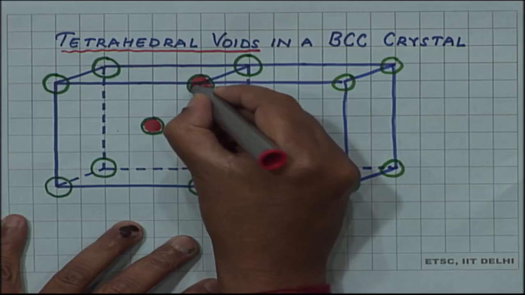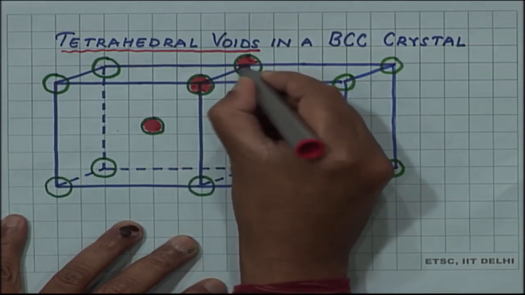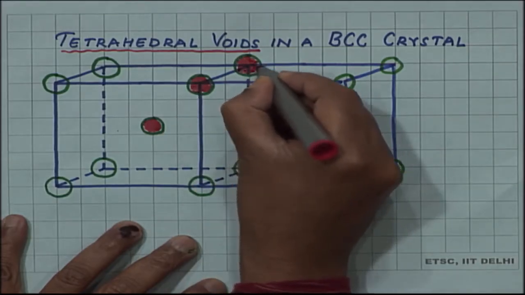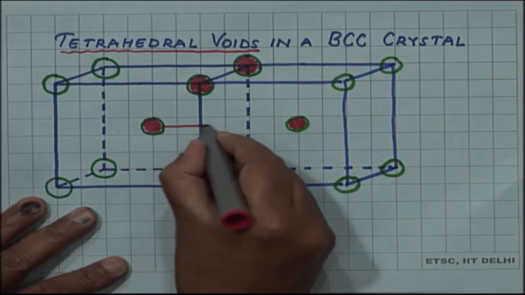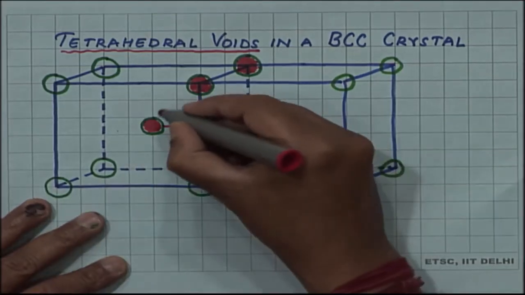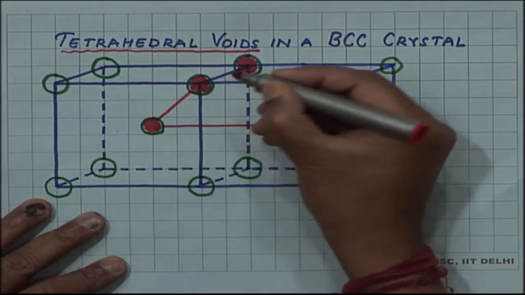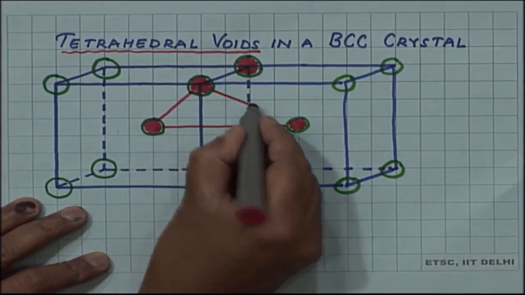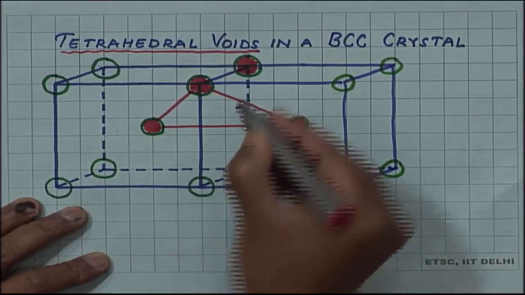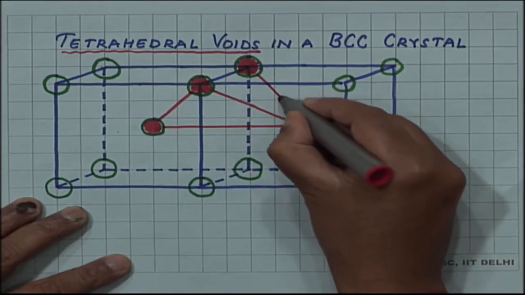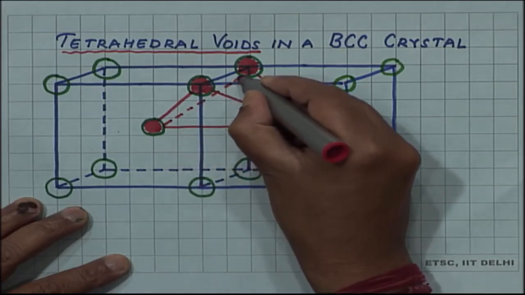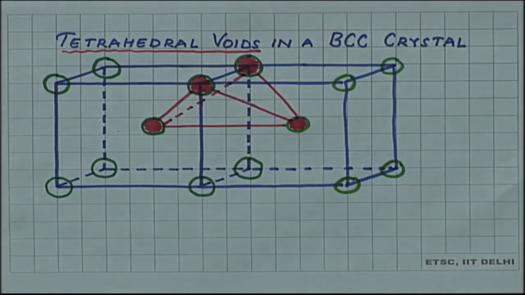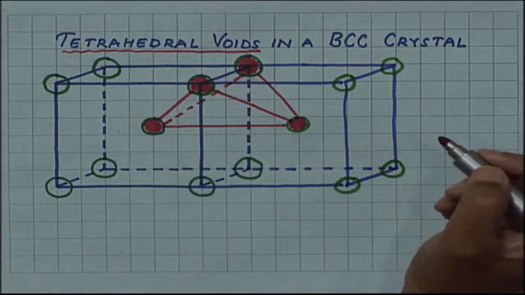So, I take the top edge. So, 2 corners come from this top edge. If I join them, I join the body centers, and then I join the body center with the corners. So, you can now imagine a tetrahedron made out of these 4 corners.